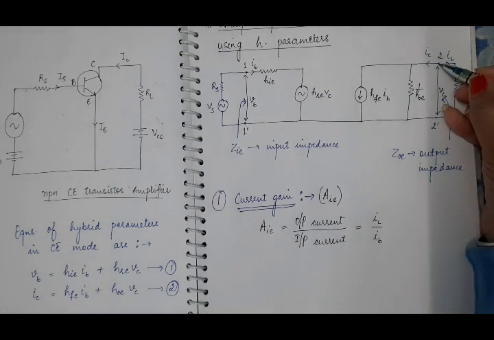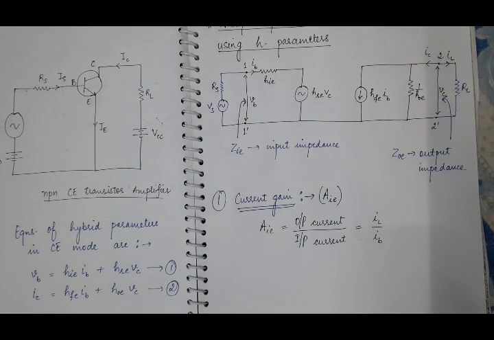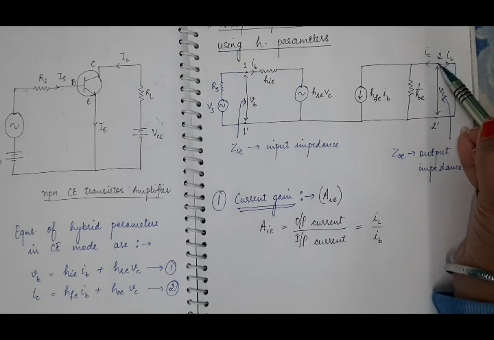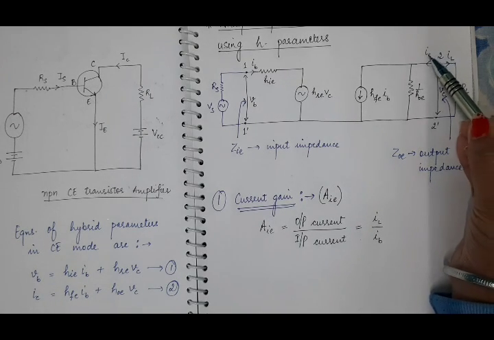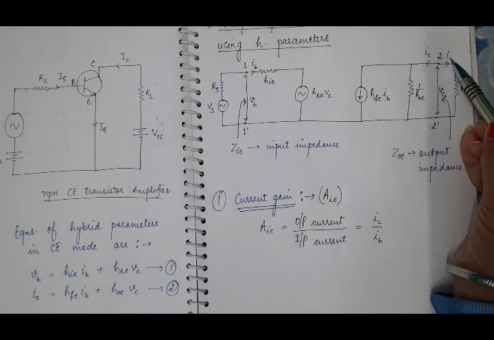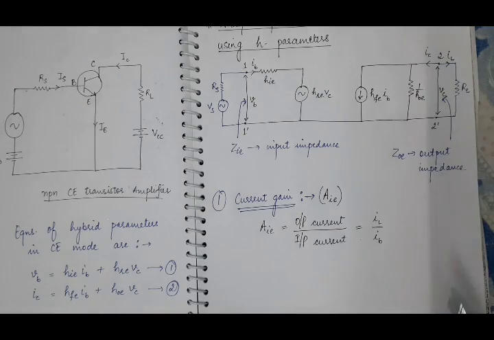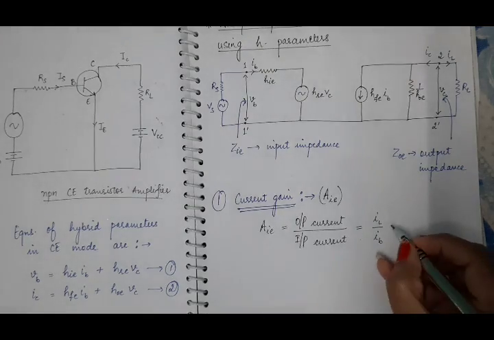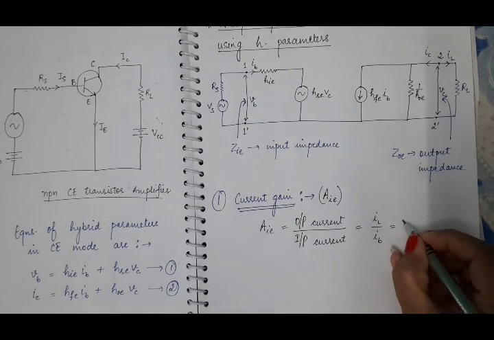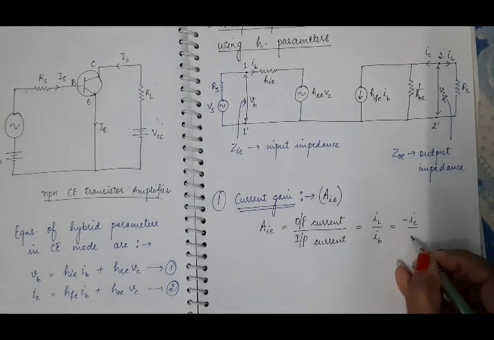But at this terminal 2, if you apply KCL, what will be the relation between IC and IL here? The direction of IC and IL is opposite, but the magnitude is equal. It means IL is equal to minus IC.